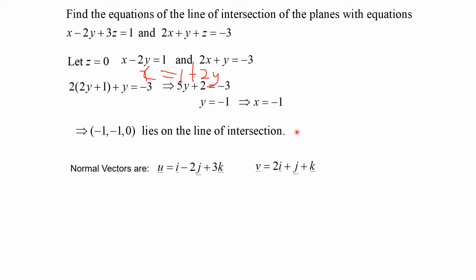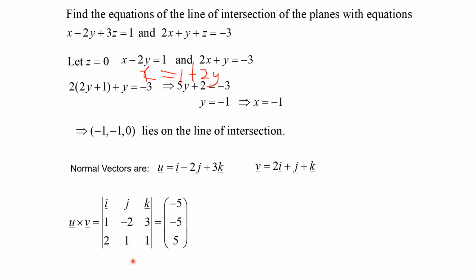We assume they are u and v, then we find the cross product. In order to determine the cross product, you can use the shortcut method that I showed you in the earlier lecture slides. The cross product, or vector product, is definitely a vector. In this case, you will get negative 5i, minus 5j, plus 5k.